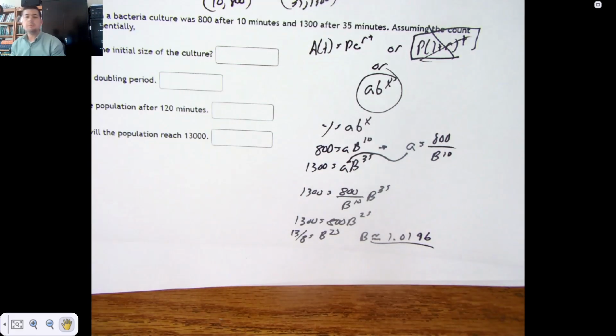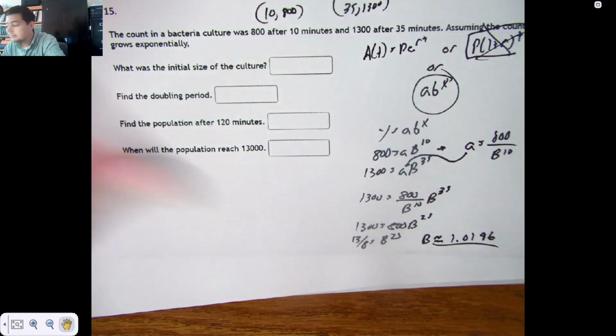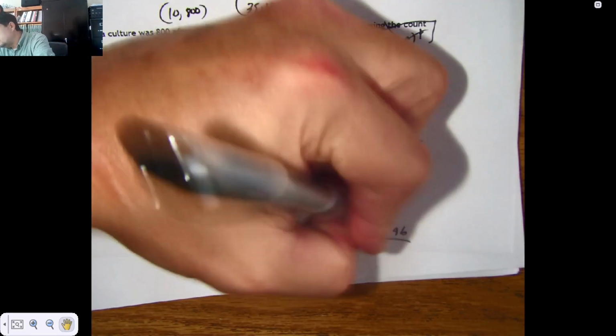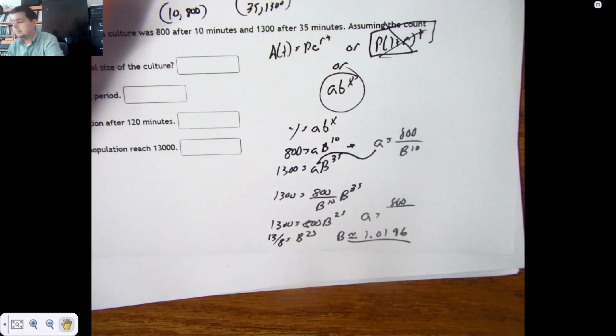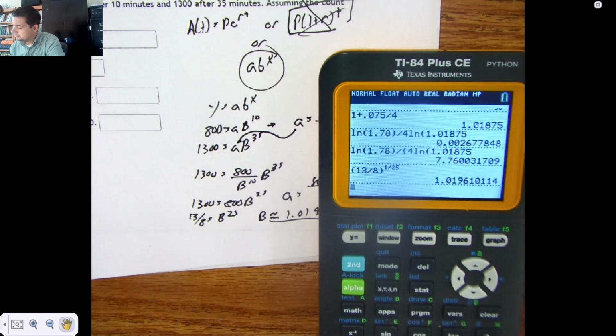And again, I'm not in open math, so 4 decimal places is fine. After I get b, a is 800 divided by that b to the 10th. I'm going to use the exact value in the calculator here.